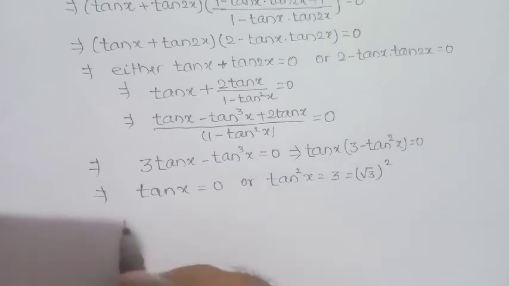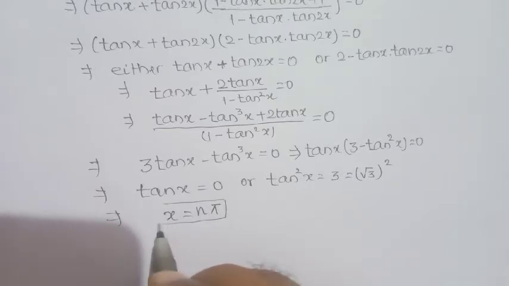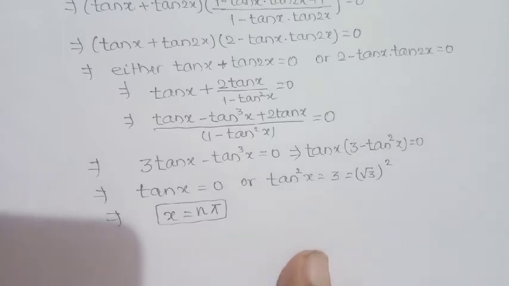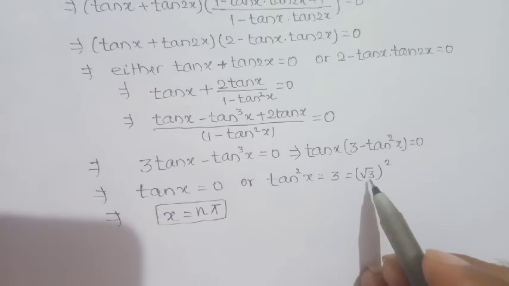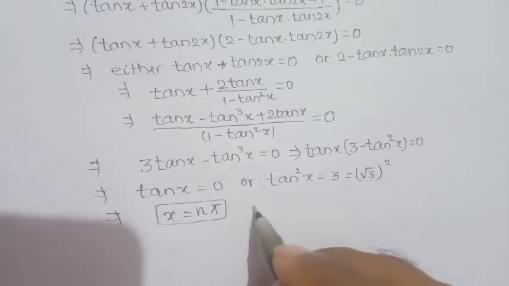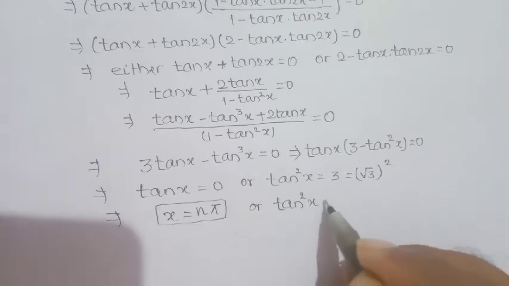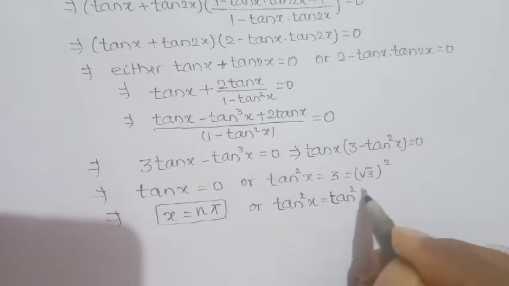Tan x is equal to 0 gives x is equal to n pi, that is the general solution. And now root 3 square, tan square x is root 3 square, means tan 60 degree, that is tan pi by 3 is root 3, so it should be written as tan square x is equal to tan square pi by 3.